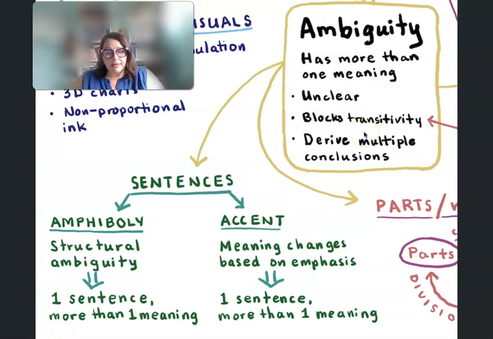Another form of ambiguity is at the sentence level. So we have amphiboly as a form of ambiguity, and that's when there's a problem with the grammar. So you have a sentence that has more than one meaning, and with the fallacy of accent, there's not a straightforward problem with the grammar, but depending on how the sentence is said, the sentence means something different, right?